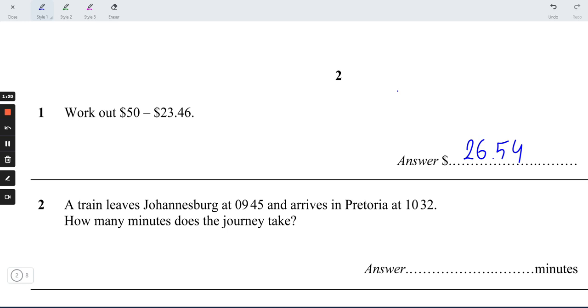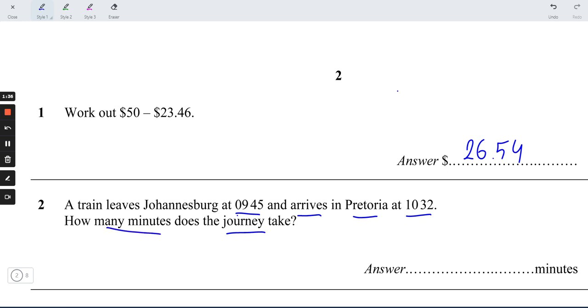Question number 2 here. A train leaves Johannesburg at 9:45 and arrives in Pretoria at 10:32. How many minutes does the journey take? We need to find how many minutes this journey takes.